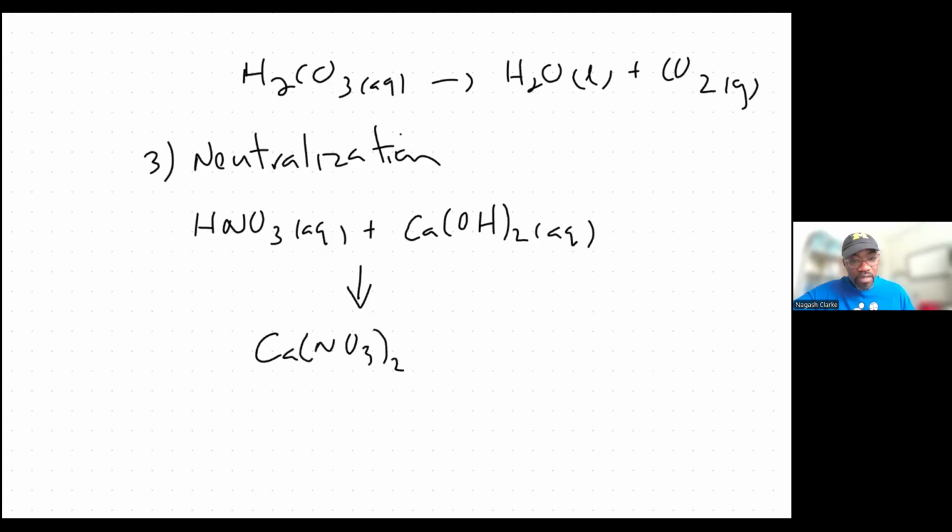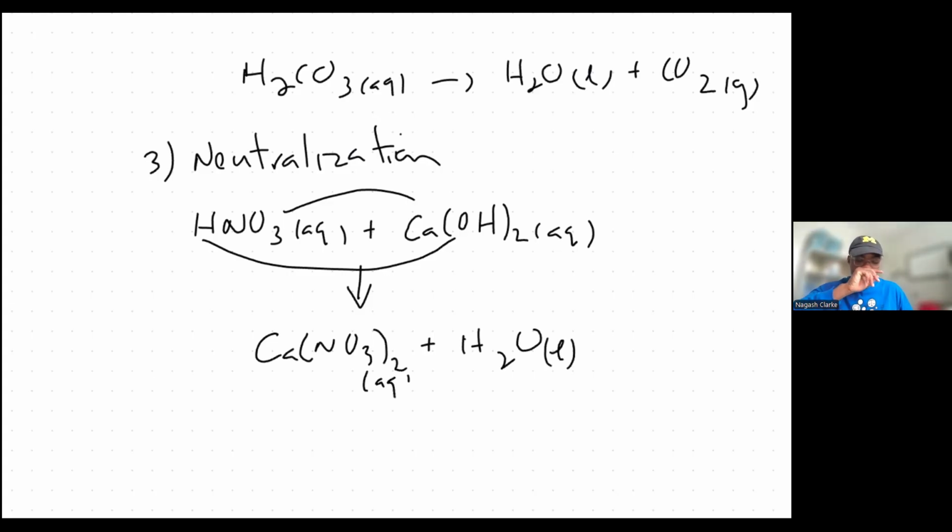We're swapping partners. Calcium grabs the nitrates, the H grabs the OH, so it's going to form the salt and water. Water is a liquid. The salt is soluble. We have to worry about solubility rules when dealing with gas forming or acid-base neutralization reactions because they're always going to react, but we have to figure out how to write the ionic equations.